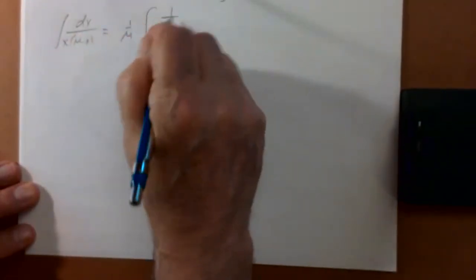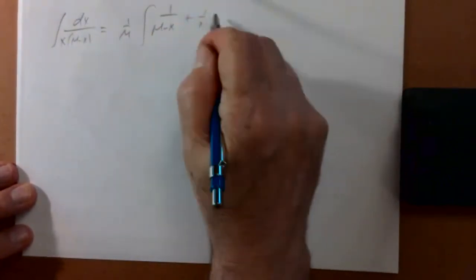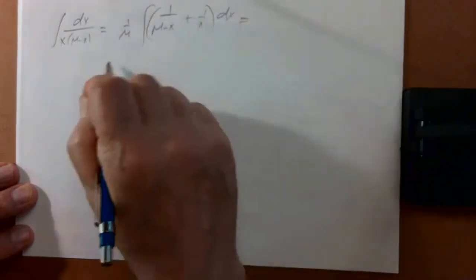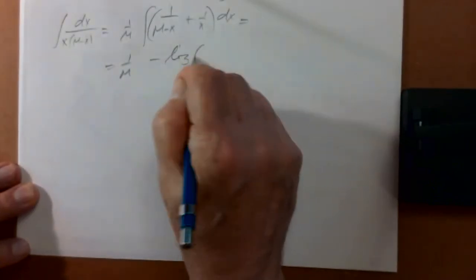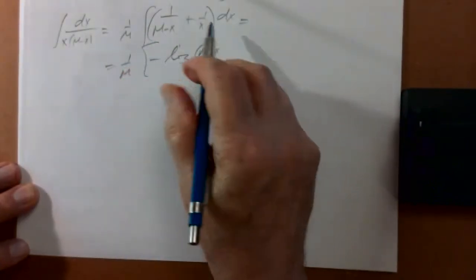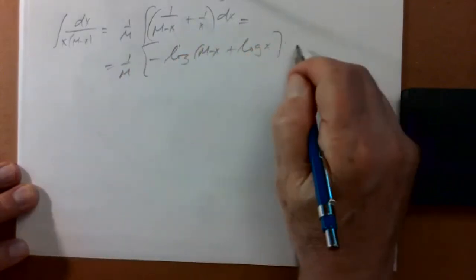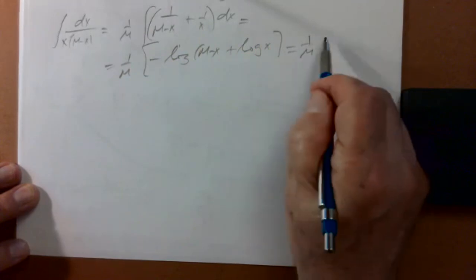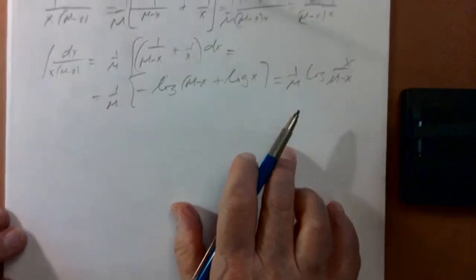So the integral of 1 over x times m minus x is 1 over m times the integral of 1 over m minus x plus 1 over x, dx. What's the integral of 1 over m minus x? It's minus the log of m minus x. And the integral of 1 over x is the log of x. So this is equal to 1 over m times the log of x over m minus x.